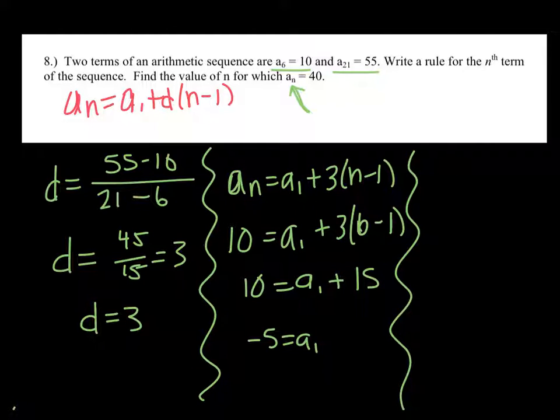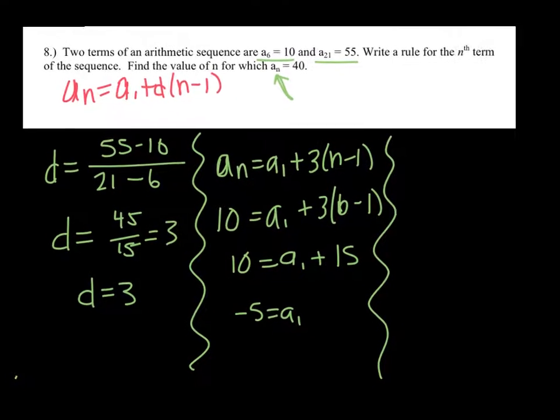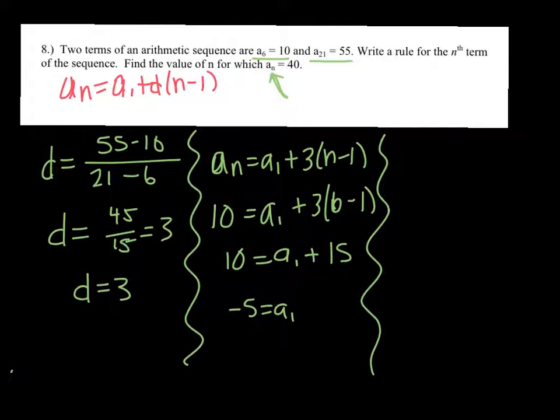Okay, keep going. Now that we know a sub 1, we can finally write our rule because we have the difference and we have a sub 1. You need the first term and the difference. So a sub n equals your first term, which is negative 5, plus 3 times n minus 1, because your difference is 3.